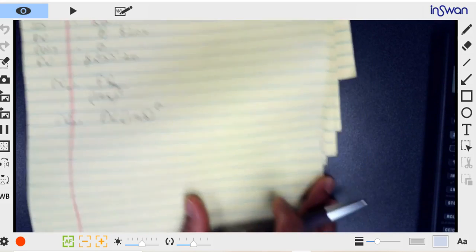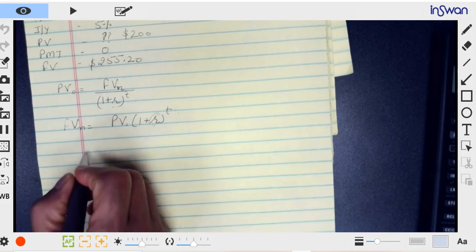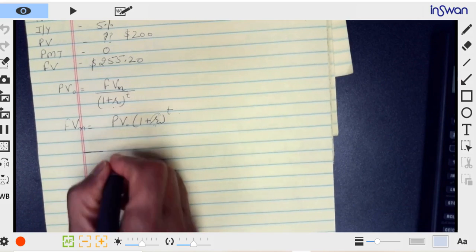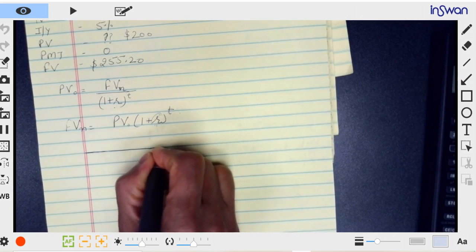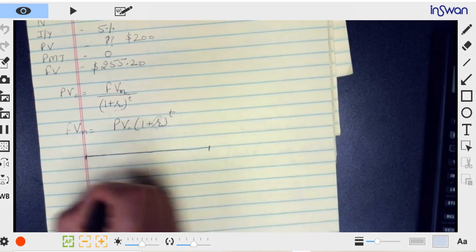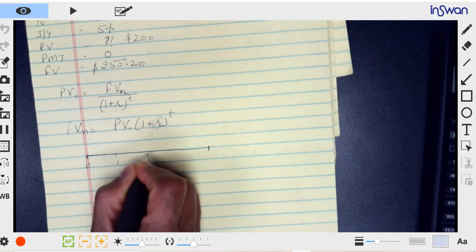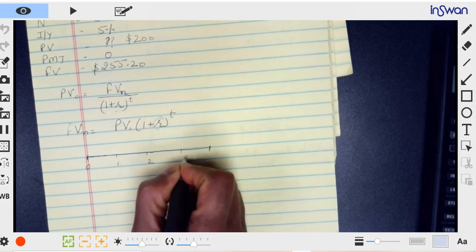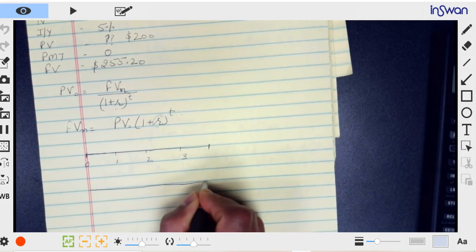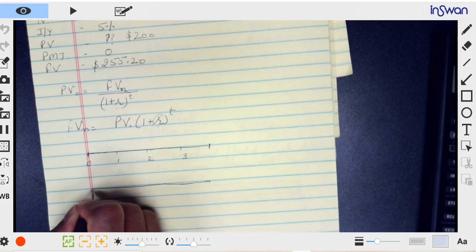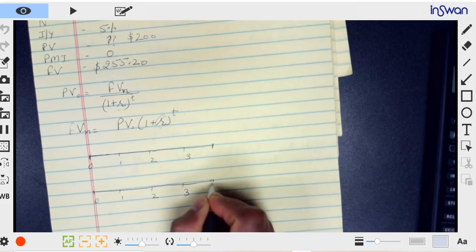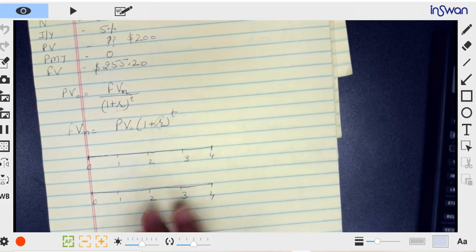So if you want to differentiate between annuity due and ordinary annuity, here is the timeline. Let's say a 4 year time interval: 1, 2, 3 and 4. The second one here again, 0, 1, 2, 3 and 4.